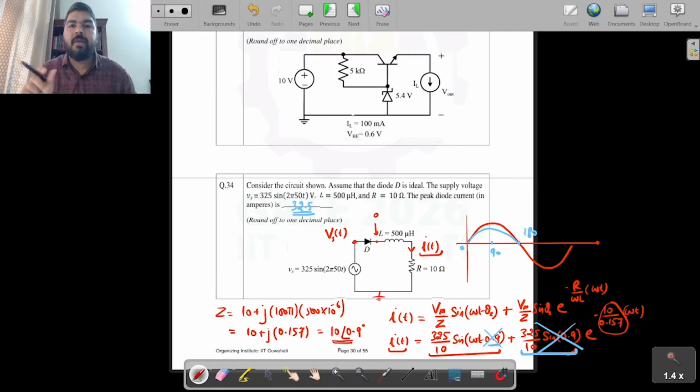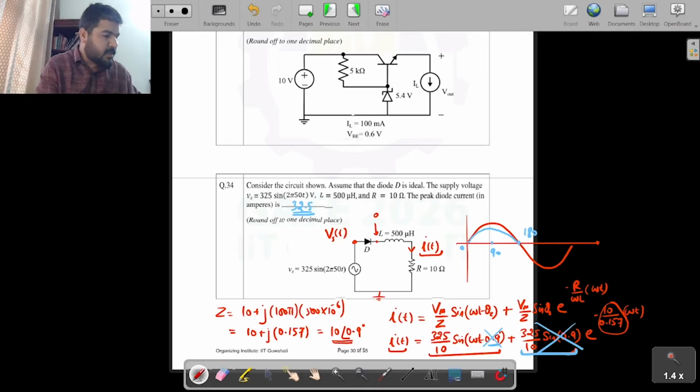But we cannot calculate that particular instant, because if you take the derivative of this and make it equal to 0, it will be a non-linear equation, and we cannot solve it. We have to apply numerical methods to solve it, but the answer will be approximately like this, okay. So ideally we cannot solve it, but approximately we can, and the answer has to be near about 32.5. So this can be the correct answer.